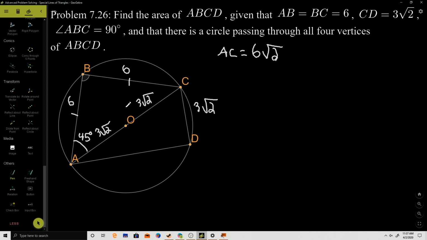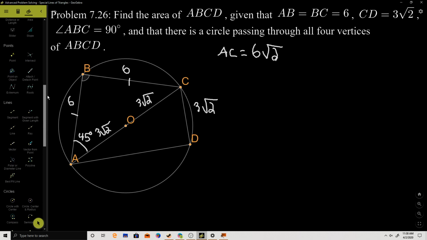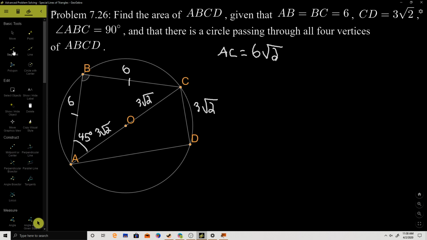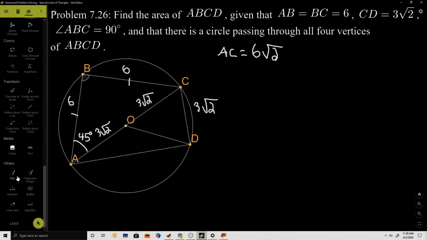Well, that's interesting because I see that CD is also 3 times the square root of 2. Which means that if I can connect O to D to make another triangle, then those two sides are the same.